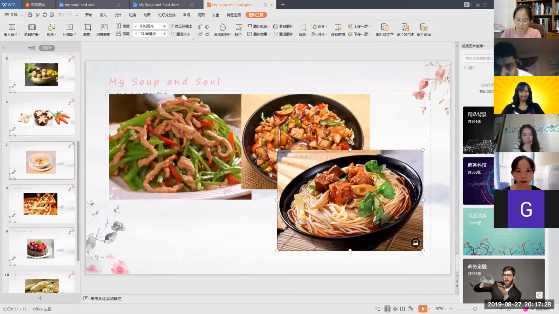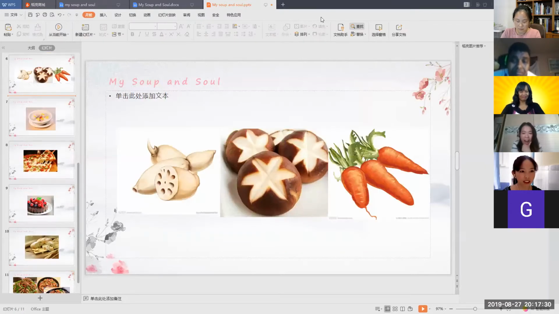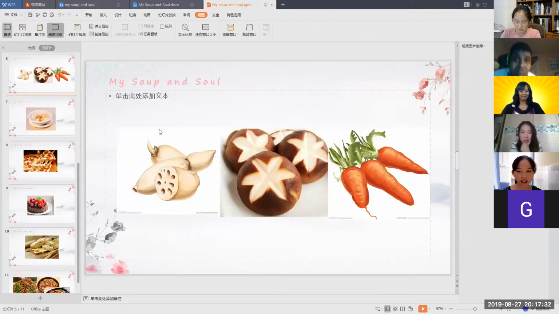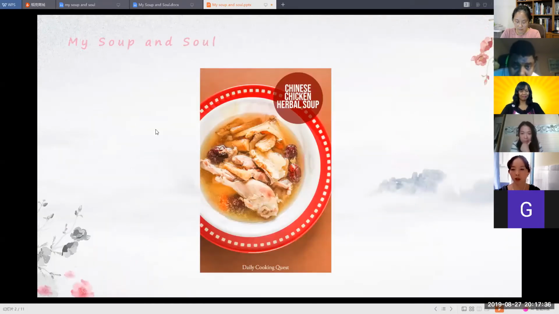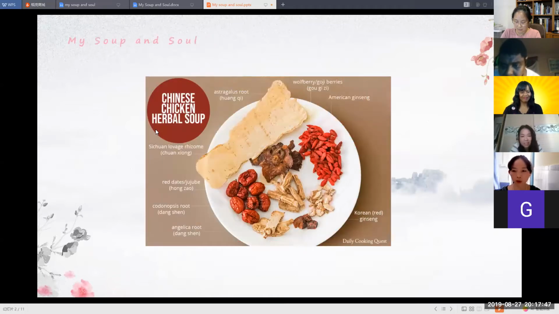Now, can you see my recipe here? Today I will provide you my secret recipe to the chicken herbal soup. So, what are the most important ingredients in this chicken soup?